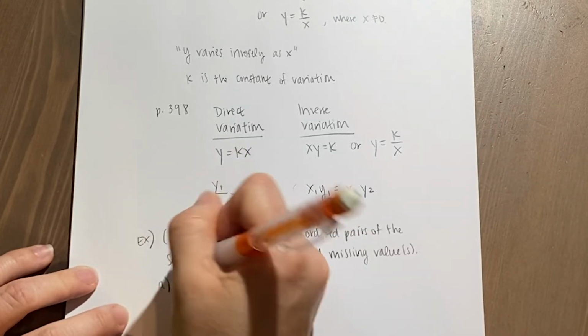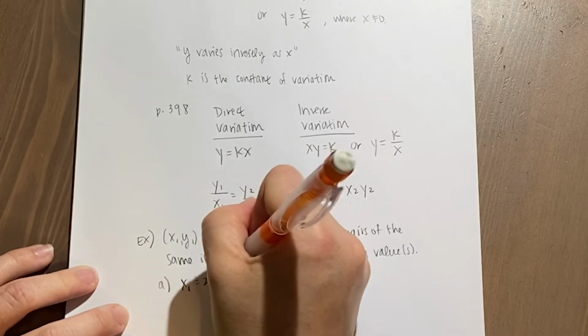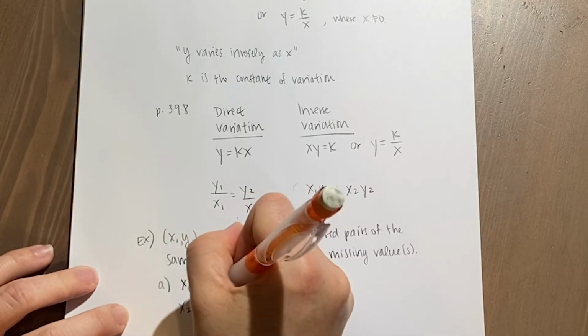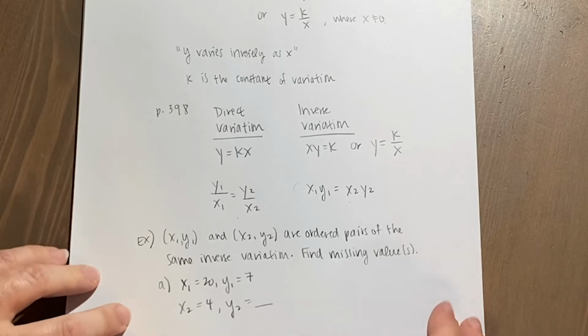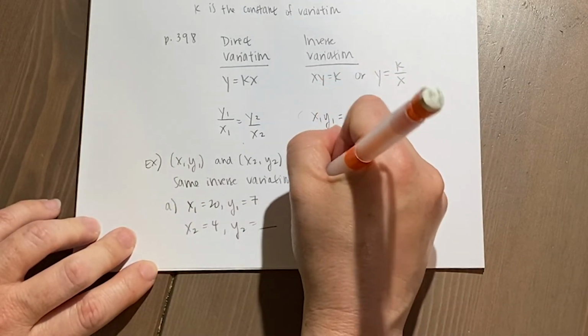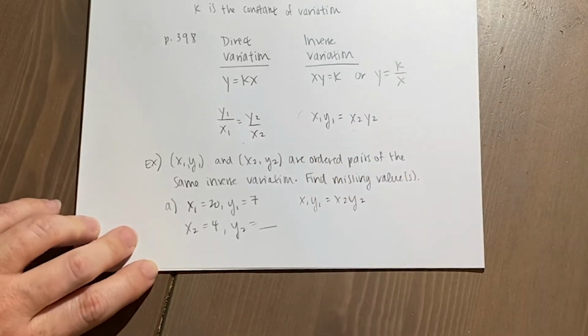All right, so for the first one, if x1 equals 20 and y1 equals 7 and x2 equals 4, we want to find y2. So using this formula, x1 y1 equals x2 y2, we're going to plug in what we know.